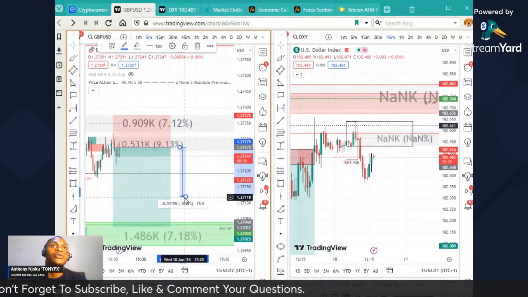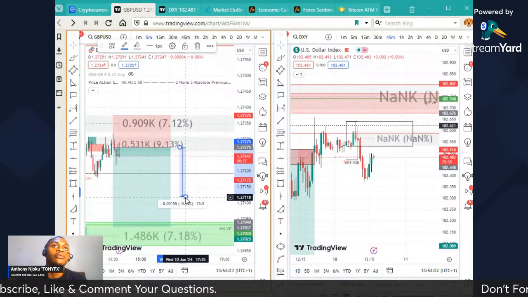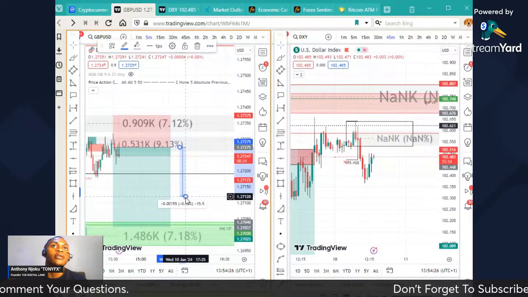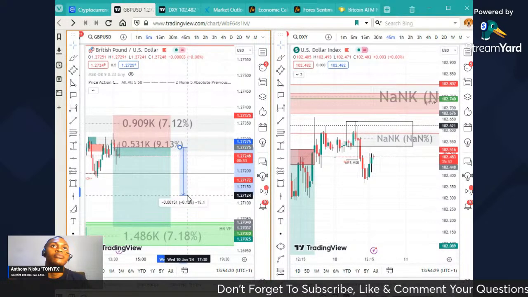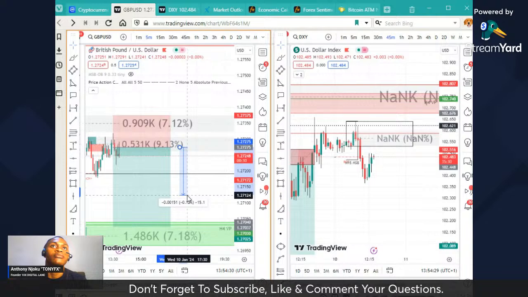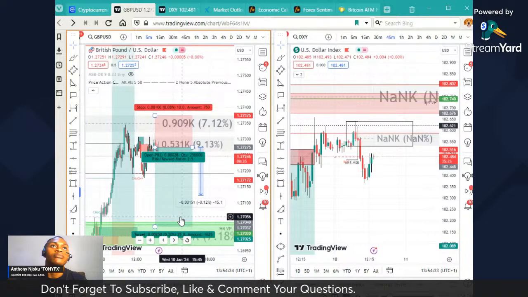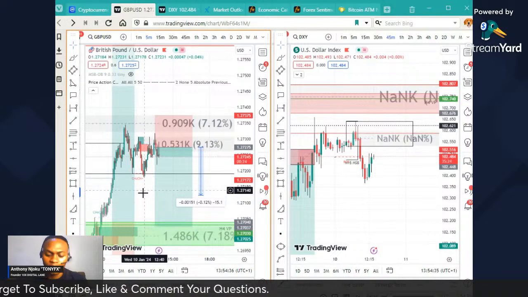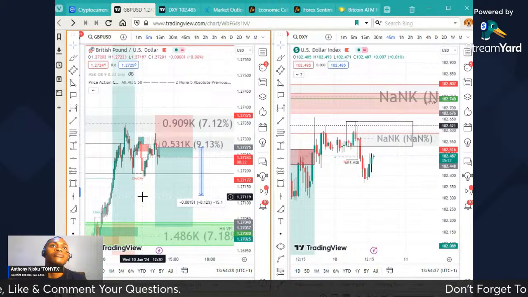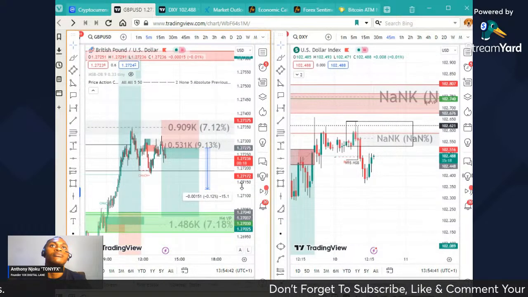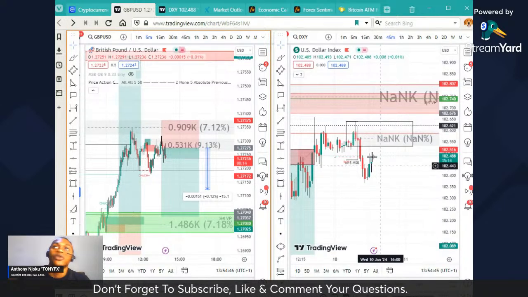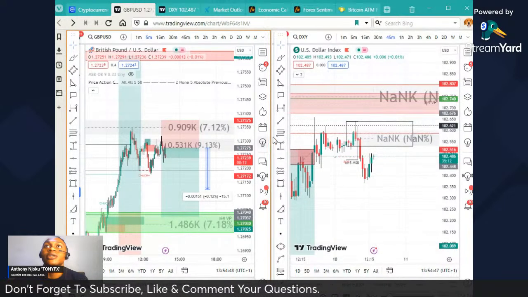So GBP came back into that order block and is now dropping down. Just like we see DXY, it's going back into here.